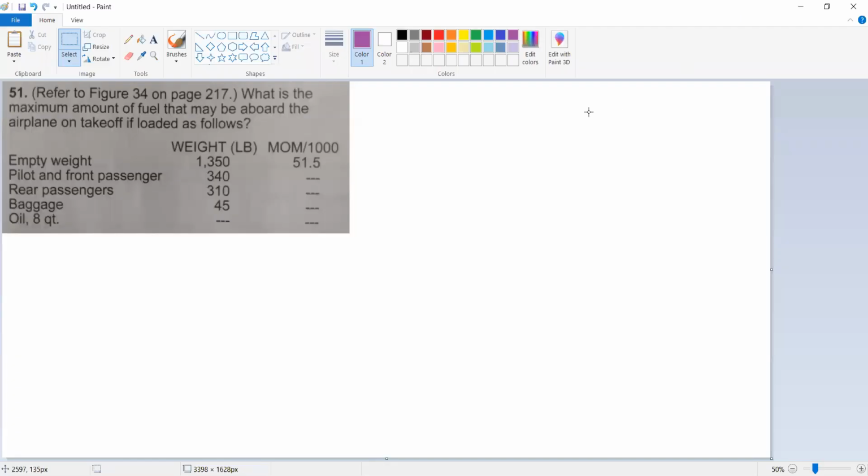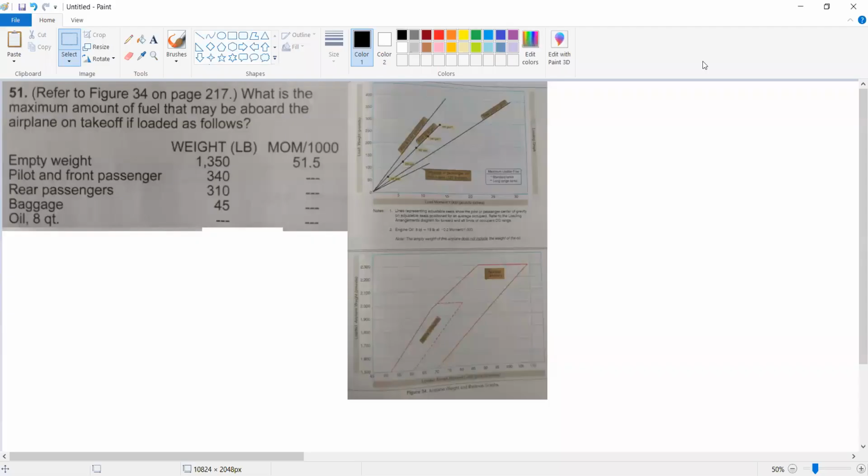All right, next question is 51. The same procedure. So we need to multiply. This question is a little bit detailed.